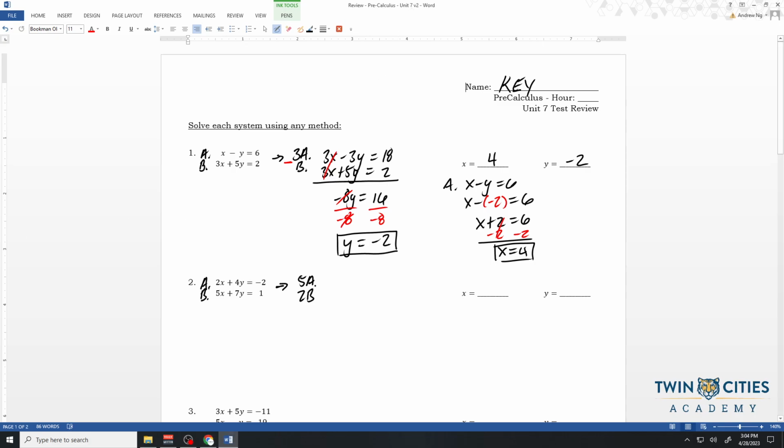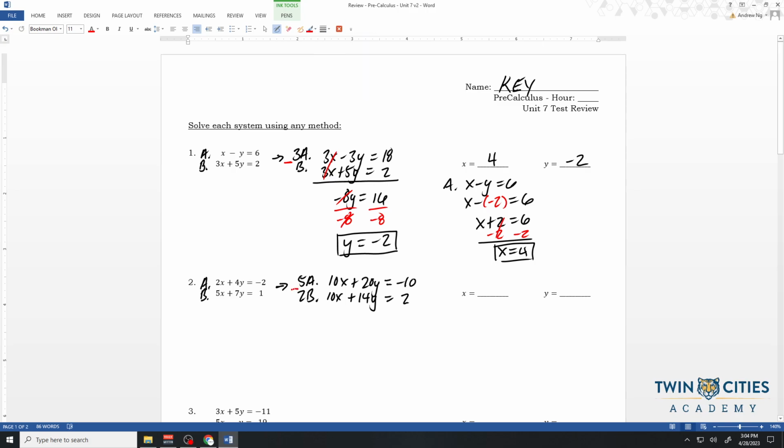Okay, so 10x plus 20y is equal to negative 10. And 10x plus 14y is equal to 2. Again, same sign subtract.